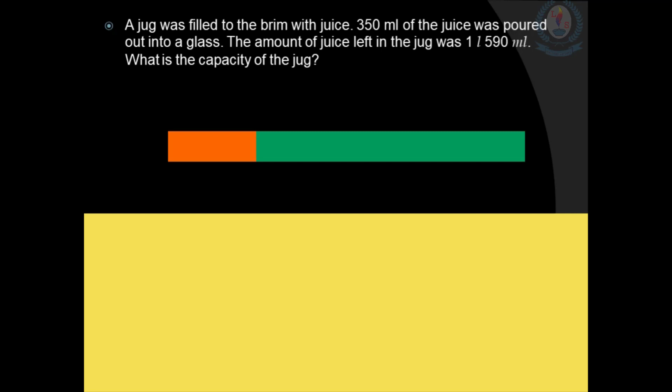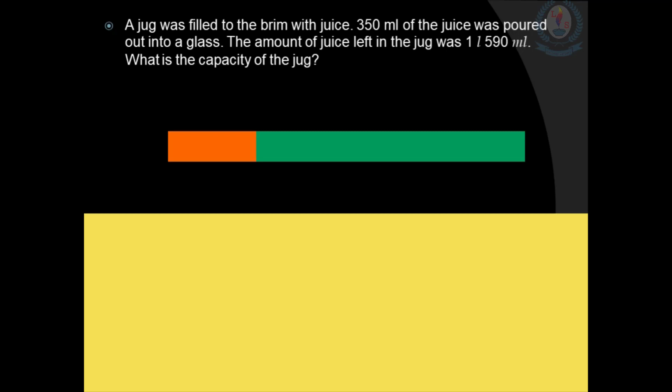The amount of juice left in the jug was 1 liter 590 milliliters. What is the capacity of the jug?